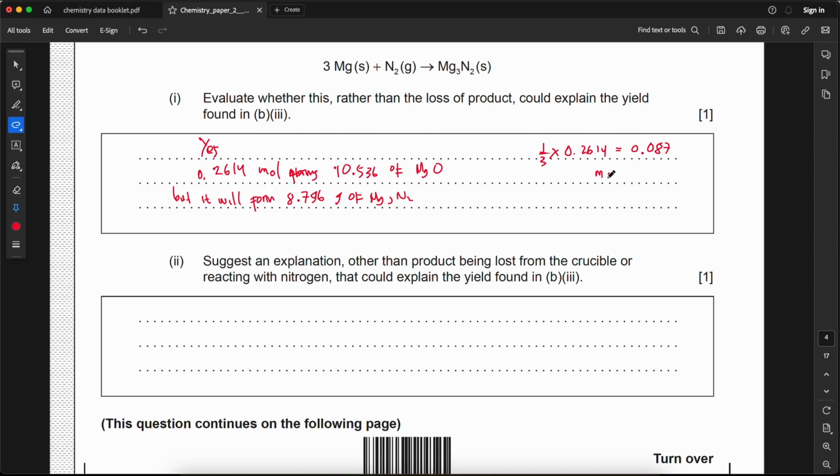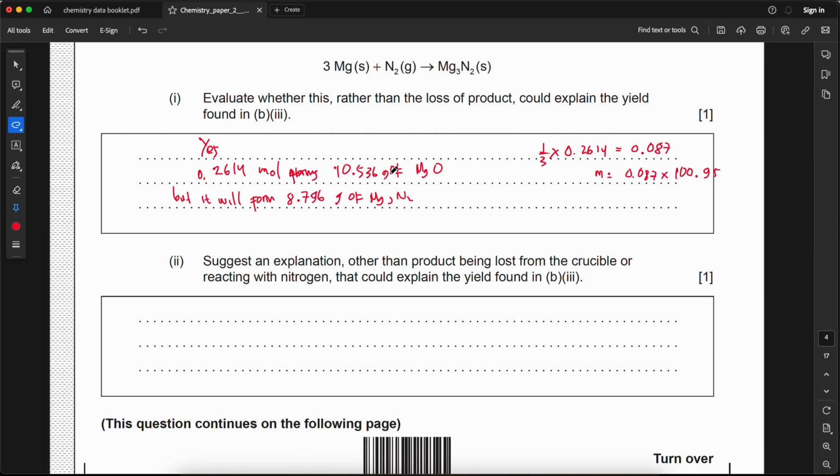And to find the mass, 0.087 times the molar mass of magnesium nitride, which is 100.95, and you will get 8.796. So it will form 10.536 gram of magnesium oxide and 8.796 gram of magnesium nitride. So there will be loss of product.